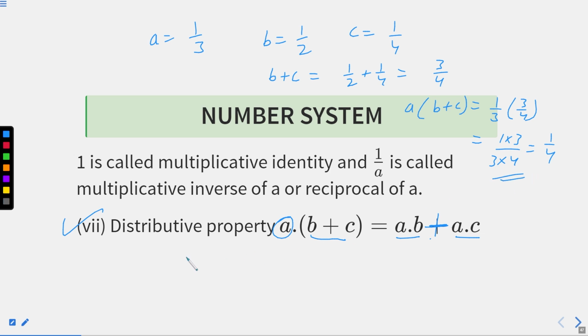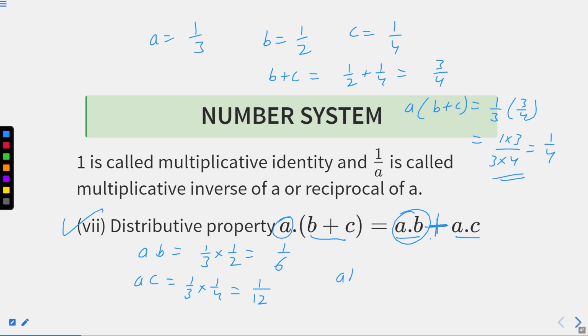Okay. Now a into b, what is it equal to? a into b is 1 by 3 times 1 by 2, which is 1 by 6. And a into c is 1 by 3 into 1 by 4, which is 1 upon 12.